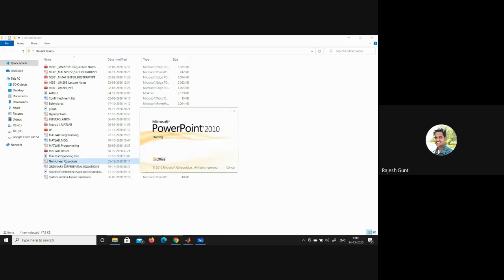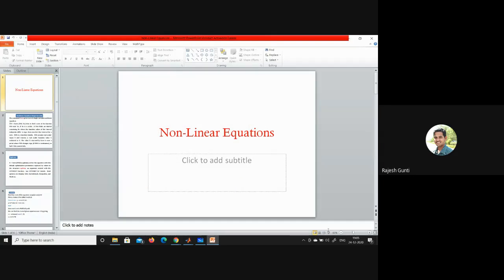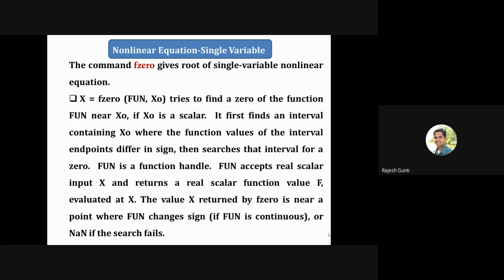Nonlinear equation means nonlinear, transcendental, everything. Already we have written programs, bisection method and secant method, to solve nonlinear equations.